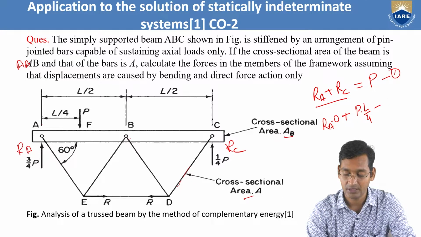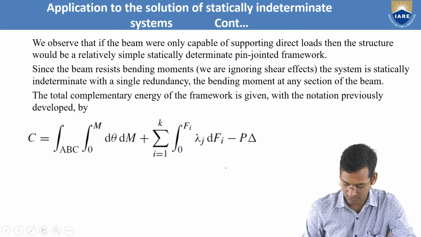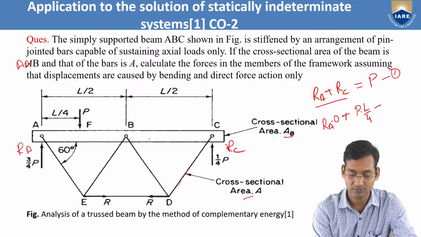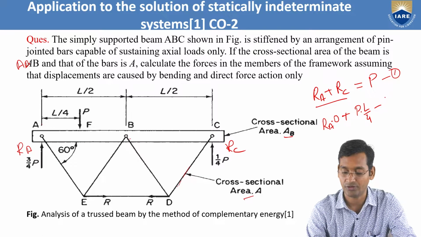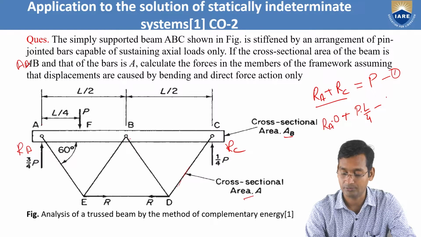And then minus RC into L, because this creates a clockwise moment and this creates an anti-clockwise moment. RC into L must be equal to 0 for equilibrium.